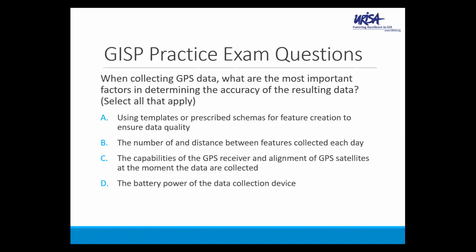So that may play a role. The capabilities of the GPS receiver and alignment of the GPS satellites at the moment the data are collected, that would probably be the single most important characteristic. The battery power of the data collection device, probably not quite as important. Most GPS receivers are designed to maximize the power and to basically stop when there's insufficient power.